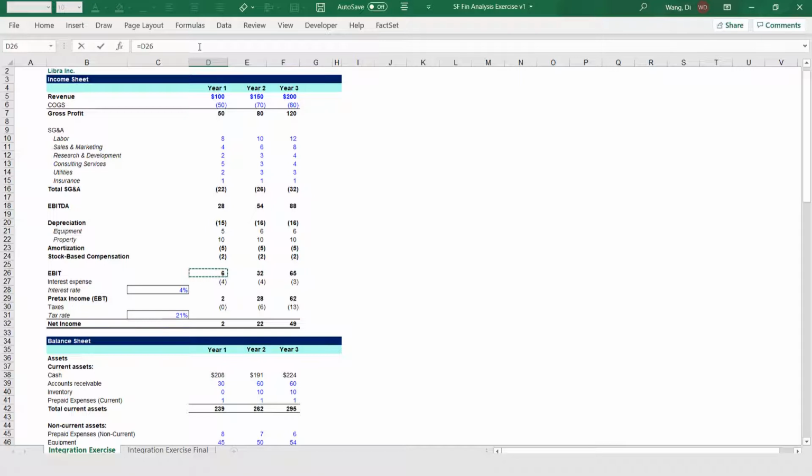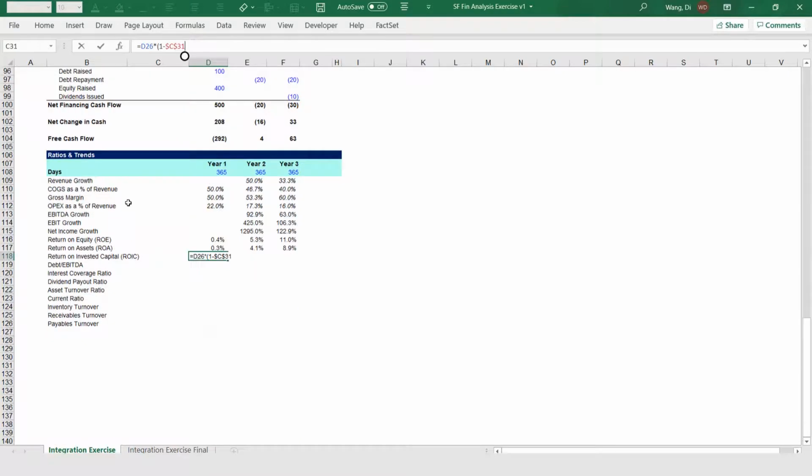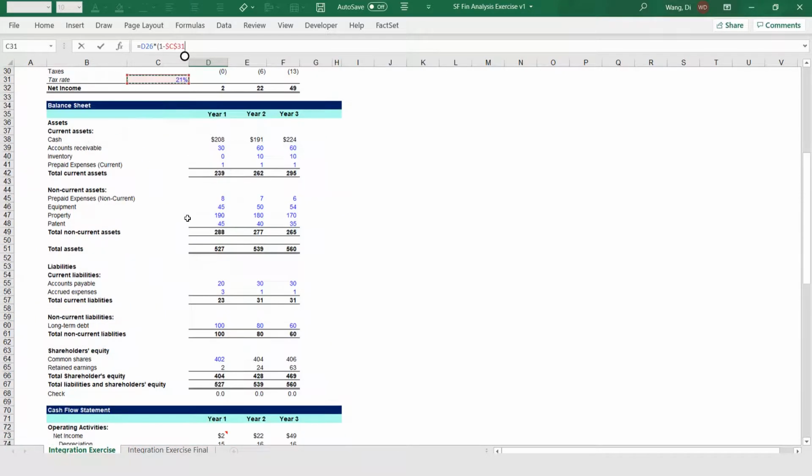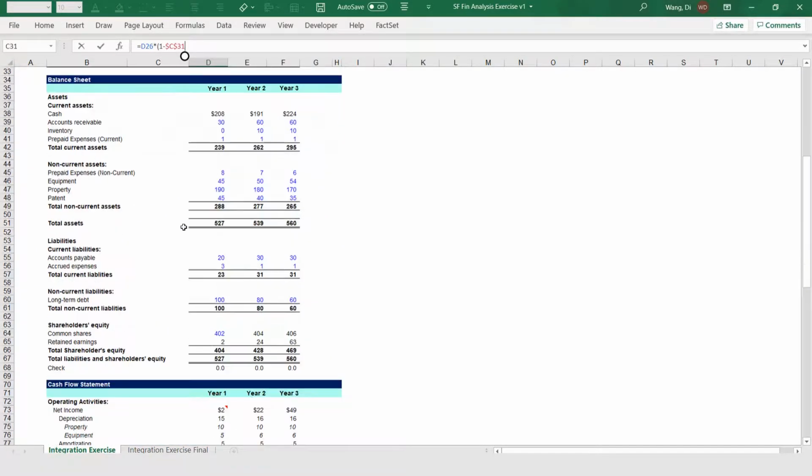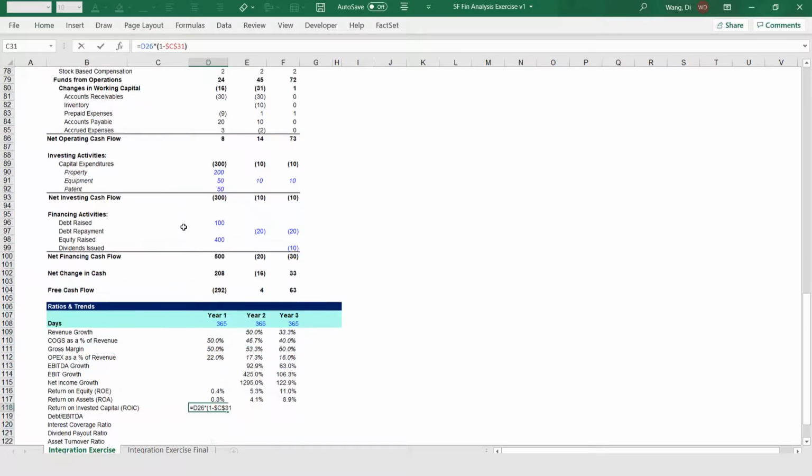And that EBIT number is going to be multiplied by 1 minus our tax rate, which is 21%. And keep in mind that we're going to be locking in the tax rate. So press F4 to lock it in. And that'll get us our NOPAT number.